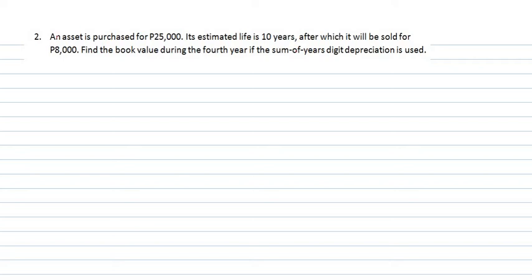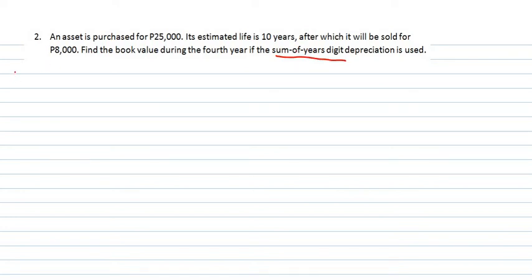So we have here our problem. An asset is purchased for 25,000. Its estimated life is 10 years, after which it will be sold for 8,000. Find the book value during the 4th year if the sum of years digit depreciation is used.